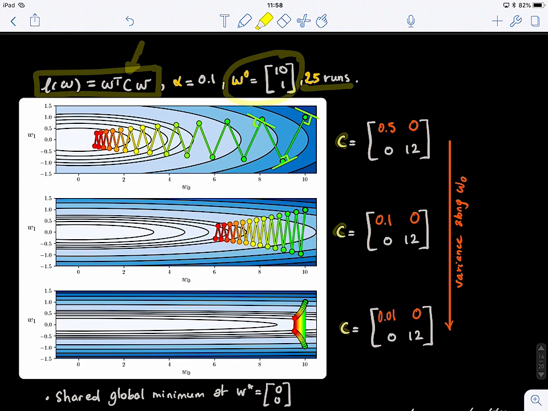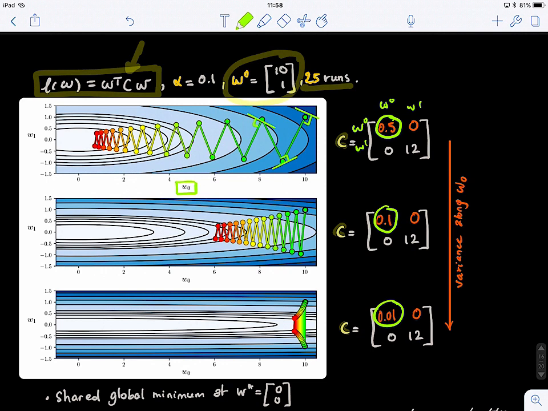So you can see that as we change the value right here, the function gets elongated. The rings, right? They get stretched or elongated along the W0 dimension. So here, in the first case, you can see some zigzagging of the gradient, so I'll explain it.